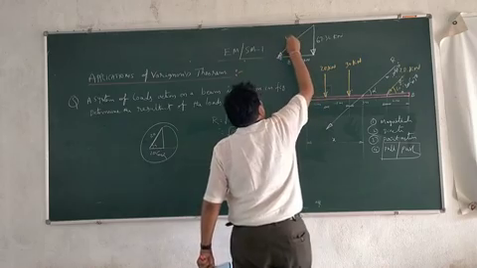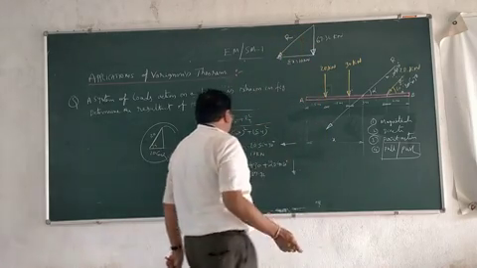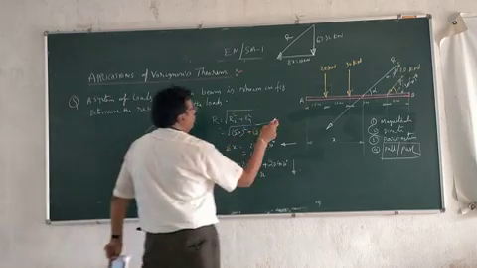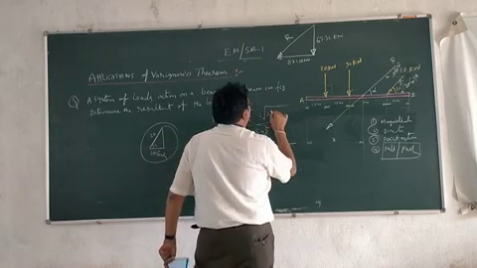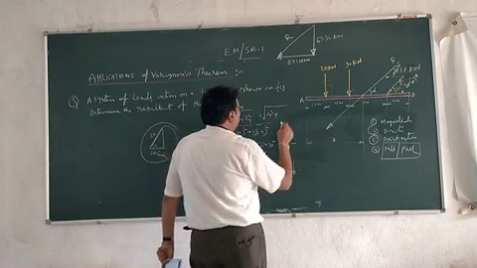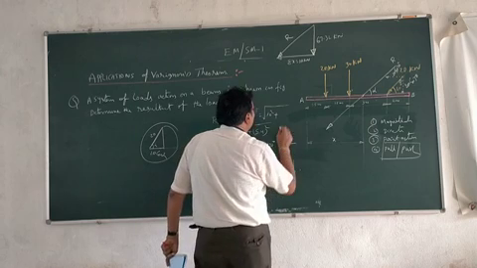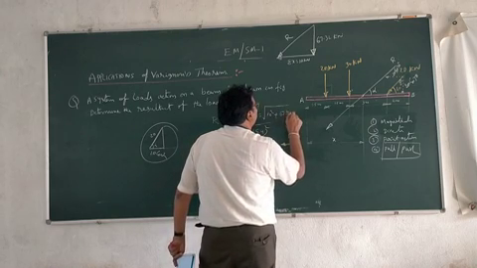This is the resultant. The resultant is the square root of 10 square plus 67.32 square.